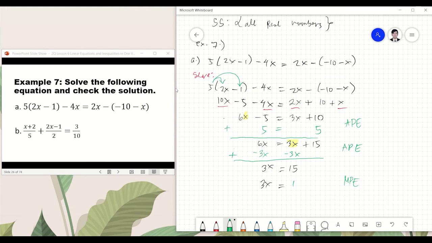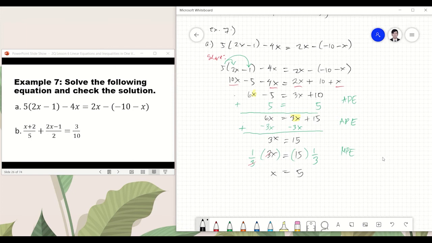So i-multiply natin yung reciprocal ng ating coefficient na 3 para maging 1 siya. Ano yung reciprocal ng 3? That's 1/3. Whatever you do on the left, do on the right. So makakancel out na yung 3, yung matitira na lang x. Then 15 times 1/3, 15 divided by 3 is 5. So x is equal to 5.